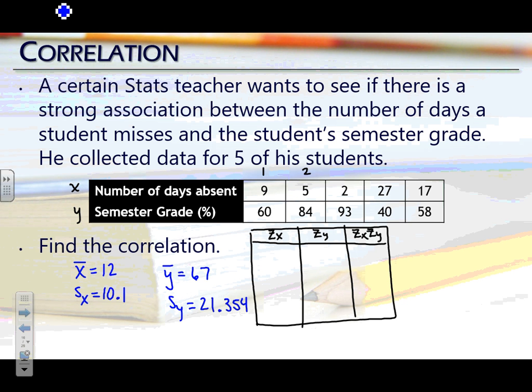Okay. So we have x bar and sx, y bar and sy. What you need to do now is go through and calculate the z-score for each of these x values. For the very first one, we would take 9 minus 12, so x value minus x mean, over the standard deviation for x, which was 10.1. Right? So what do we get when we type that in?